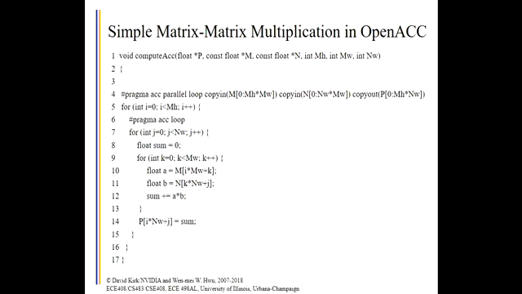So when you tell the compiler that these two levels of loops are parallel loops, you're certifying to the compiler that there's no dependence across iterations of either of these loops, or any combination of these iterations.